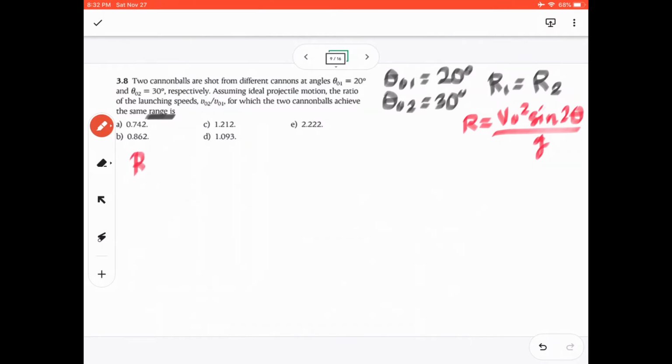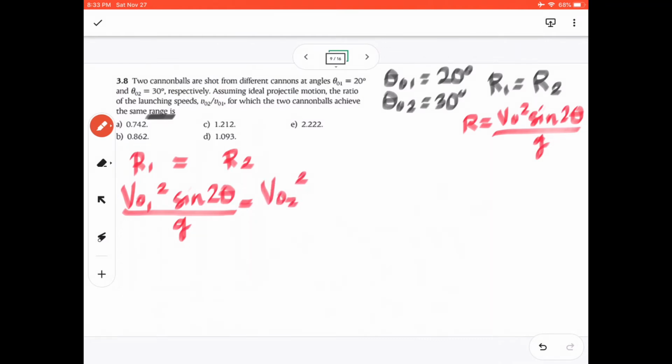Therefore, VO1 squared sine 2 theta divided by G is equal to VO2 squared sine 2 theta divided by G. So I just equated the formula for range 1 and range 2. If I use range 1, I will use VO1. If I use range 2, I will use VO2.